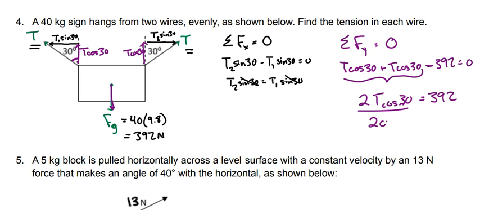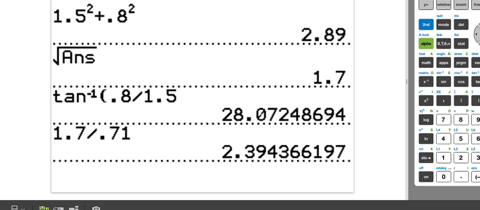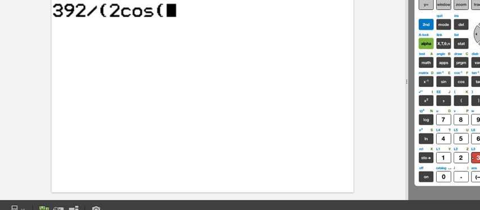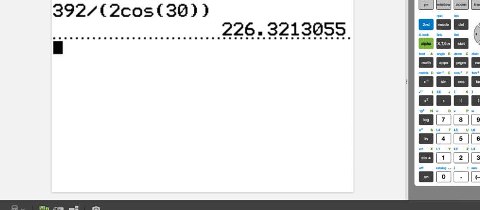Basically, I can just divide by 2 cosine of 30, and I get the tension in each wire is equal to, come here, calculator, 392 divided by, notice I'm going to put this in parentheses, and that's so it will divide by both of those instead of multiplying by the cosine of 30.